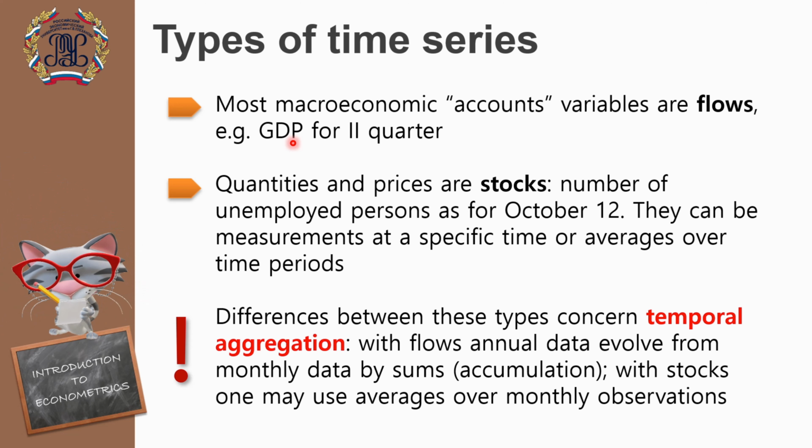But if you want to compute the annual unemployment, which is a stock, then you may use the average. So you average across the unemployment in the first quarter, second quarter, third quarter, and the fourth quarter. So this is very important to note, otherwise you will have an incorrect analysis. The temporal aggregation is important when modeling flows and stocks, and please distinguish between these two types of time series.